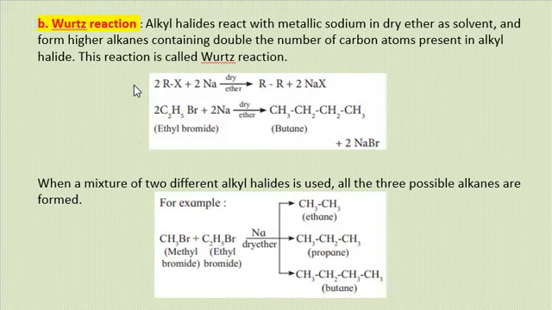It is Wurtz reaction. When you are using two different alkyl halides, you will get a mixture of alkanes. When you treat methyl bromide with ethyl bromide with sodium metal in dry ether, you will get ethane, propane, and butane.